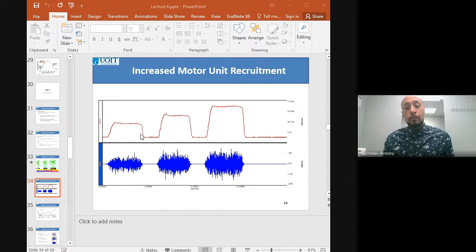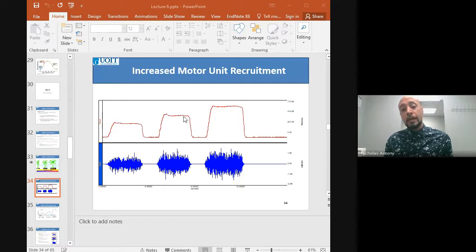So do we all know what EMG is? If you're looking here, this is the force output of a muscle. And this is the EMG recording of the muscle that we're contracting. Can you see how the EMG is larger for the larger contraction?